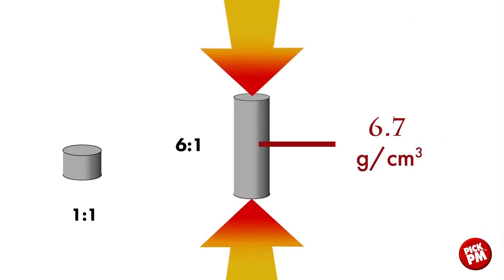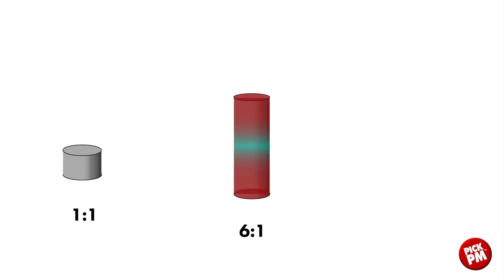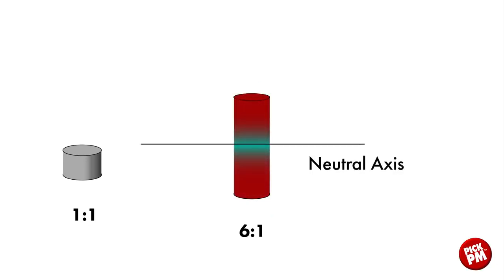What we end up with is a density divide or density split called a neutral axis, approximately right in the middle of that column. This assumes that we compact this from both ends. That neutral axis is important to understand because it is in fact lower density than the ends of the component.